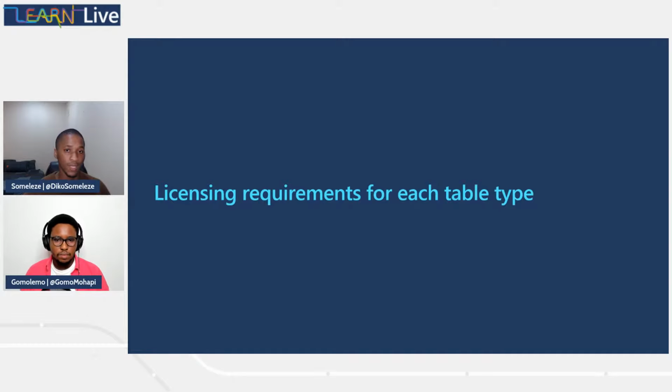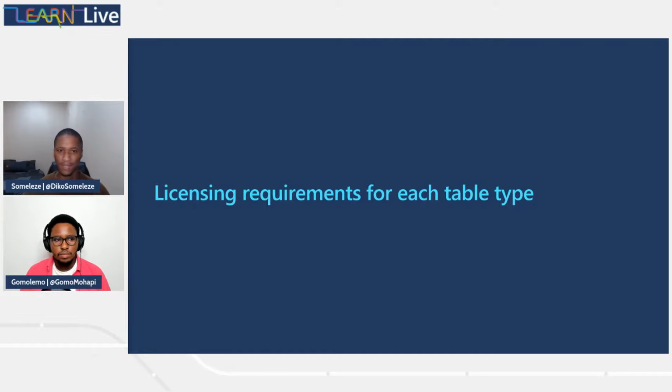So when you create a Power App, you need to understand the licensing requirements for Power Apps, and even with Power Automate, you need to understand the licensing requirements for Power Automate as well. So that is also the case here for table types within Dataverse, so that you can take advantage of the different capabilities that exist within these different table types.